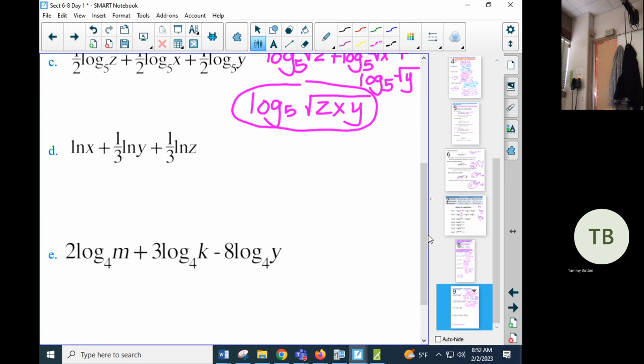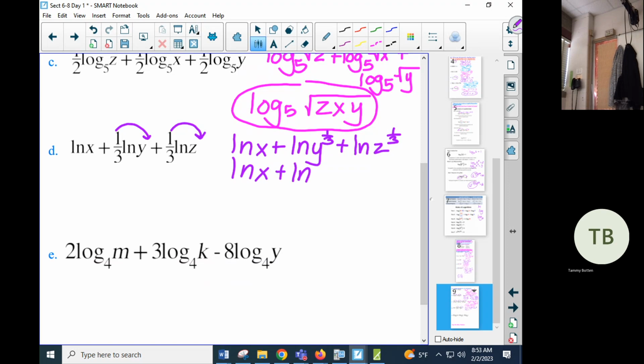So this one here, again, the 1/3 would go here, the 1/3 would go there. So you don't really have to write this step, but I will for this one. So basically here I have y to the 1/3 power, and here I have z to the 1/3 power, okay? And some of these steps you can skip, but y to the 1/3, remember, is the cubed root of y. And z to the 1/3 is the cubed root of z.